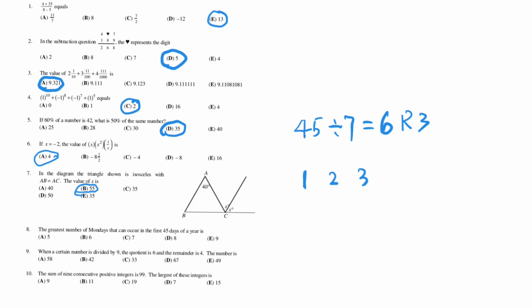If Monday is January 1st, 2nd, or 3rd, it will give us 7 times. Remainder 1, remainder 2, remainder 3. So the greatest number will be 6 plus 1, that's 7. That means Monday can be January 1st, 2nd, or 3rd. They all give us 7 Mondays. So the answer is C.